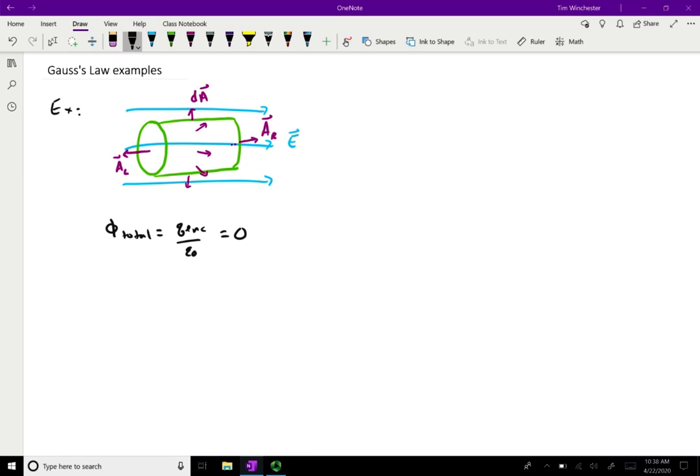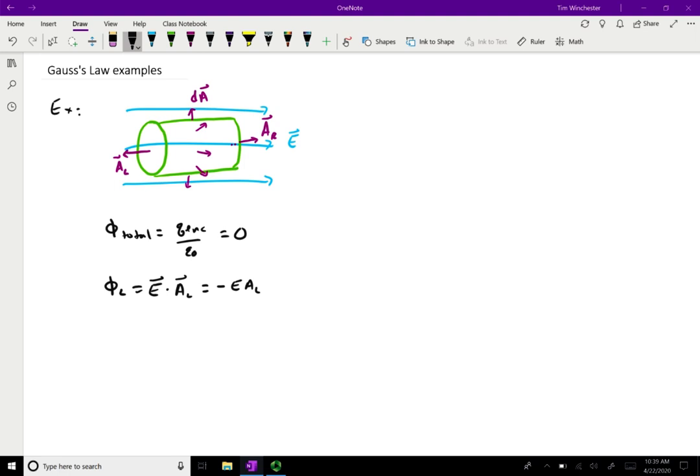If I consider the flux along the left-hand side, so the electric field going into that surface, then it's equal to E dot A, where A is the area of the left-hand side. And notice that E is to the right and A is to the left. So this gives a 180-degree angle between them, which has a cosine of -1. So that will be negative E times A, left.